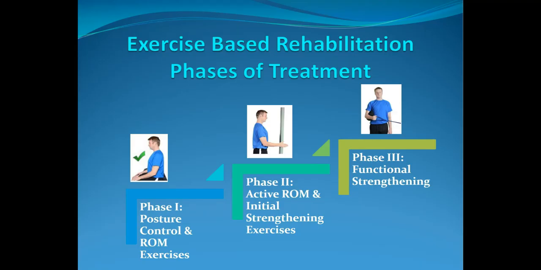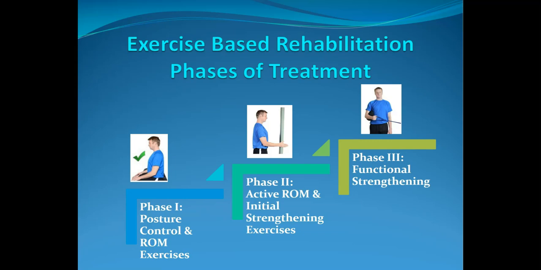Exercise-based shoulder rehab is typically progressed through 3 phases. Phase 1 focuses on postural control and improving range of motion of the shoulder. Phase 2 introduces initial strengthening exercises to build basic shoulder strength of the rotator cuff while continuing to work on range of motion and posture exercises in Phase 1. In Phase 3, we move on to functional strengthening exercises tailored to your personal activity goals and specific demands of your shoulder.